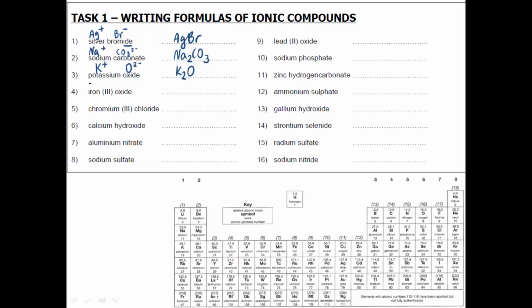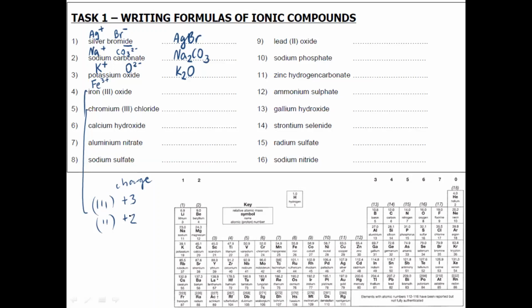Iron(III) oxide. So when you've got a number like this for transition metal ions, the number in the bracket means the charge. So the 3 means the +3 charge, and 2 means the +2 charge. So iron is Fe, and the 3 means it's a 3 plus.